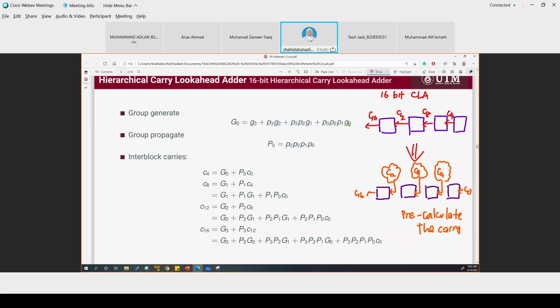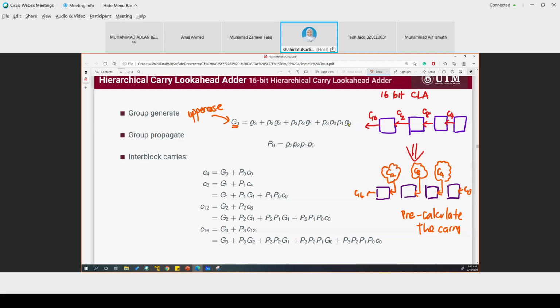each block is a group. Okay, each block is a group. So the group generate is called G0. Make sure when we talk about the group, you use uppercase, to differentiate from the small g. Use uppercase G for the group generate.